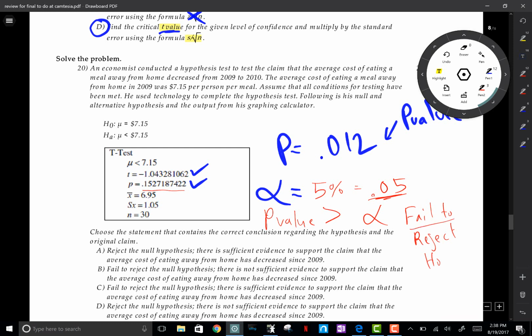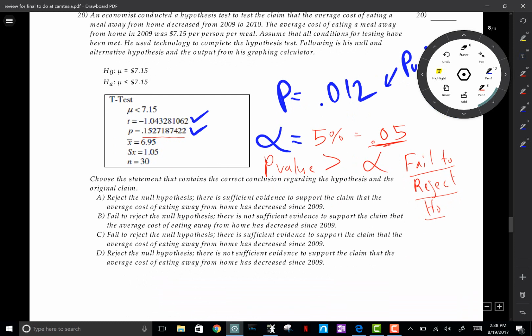Anytime we fail to reject the null hypothesis, that automatically concludes that there is not enough evidence to support the claim.